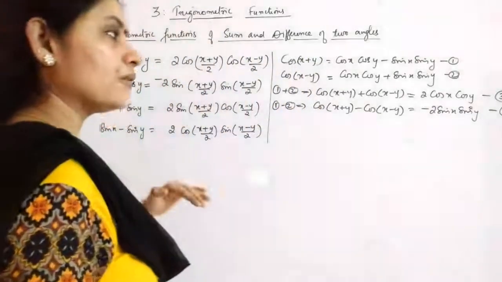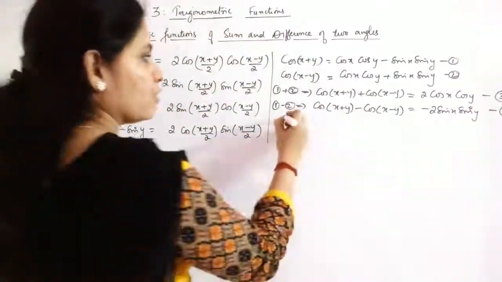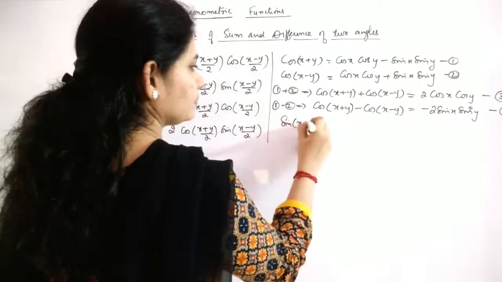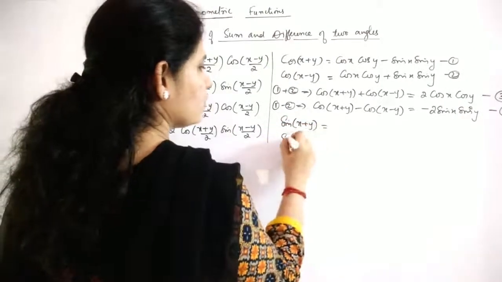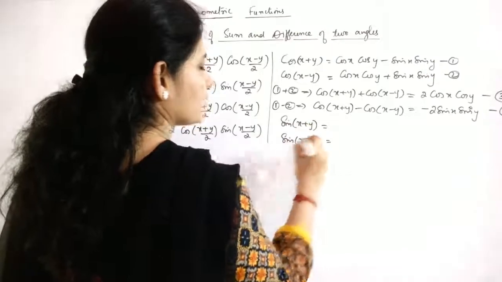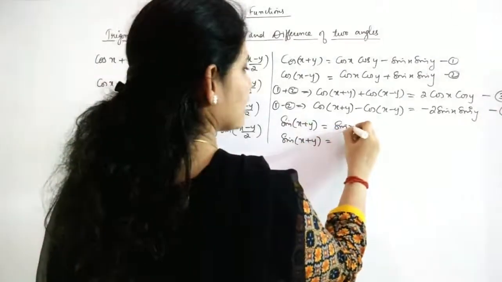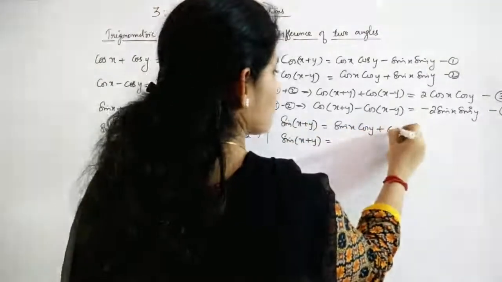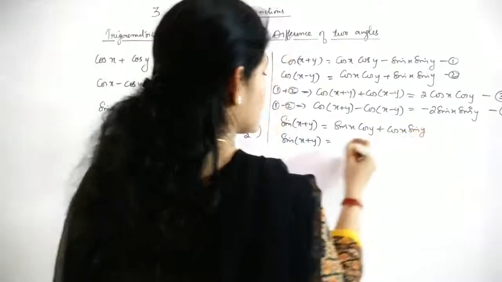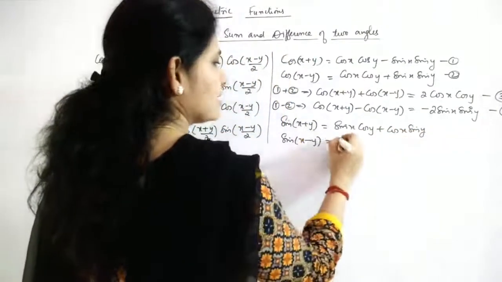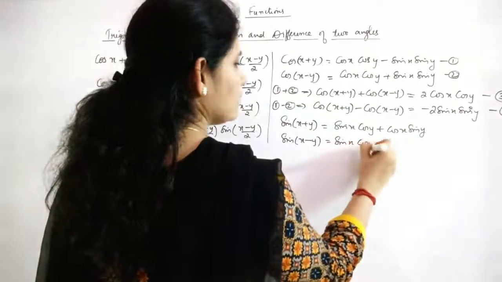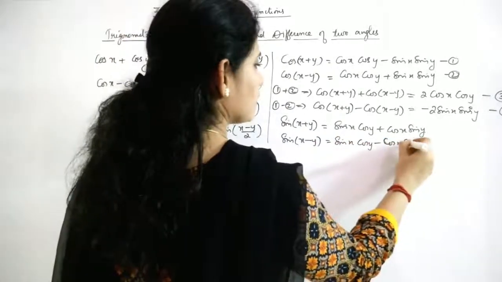Okay, now again we are going for sine. Sine of x plus y and sine of x minus y. So sine of x plus y is sin x cos y plus cos x sin y, and sine of x minus y is sin x cos y minus cos x sin y, right?